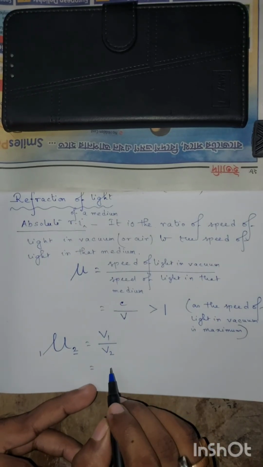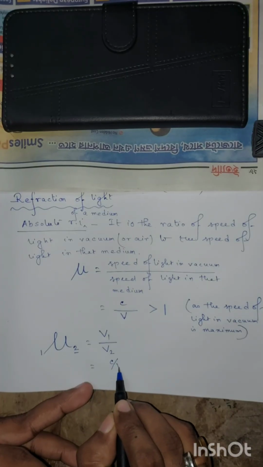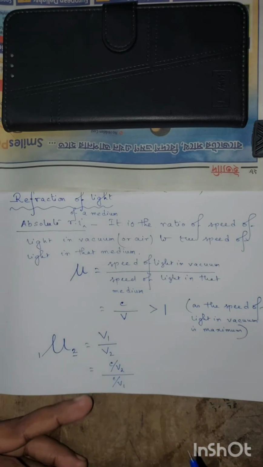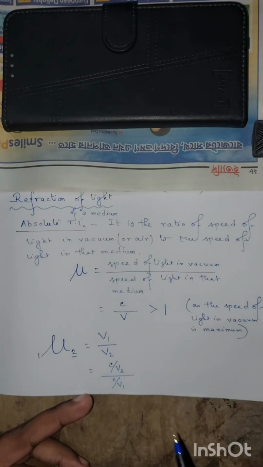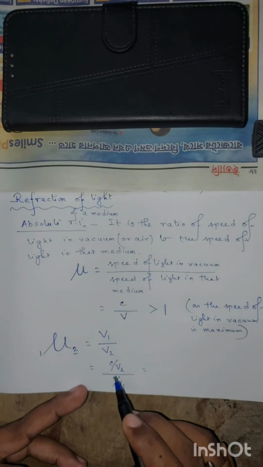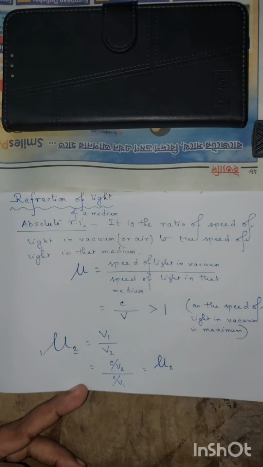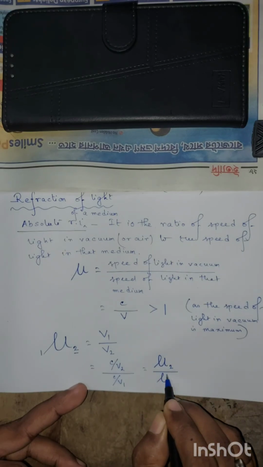This thing can also be written as c by v2 by c by v1, which is actually this thing. See the numerator is actually the absolute refractive index of medium 2, and this is the absolute refractive index of medium 1.